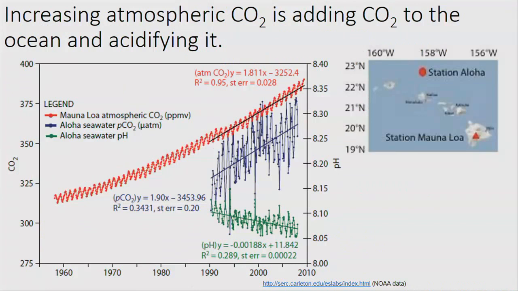So this is CO2 concentration in the atmosphere measured at Mauna Loa on Hawaii, and the CO2 concentration in the water in an oceanographic station nearby. And you can see that the water CO2 content is going up, just like atmospheric CO2 is going up. And you can see quite nicely here the pH of that water is going down.